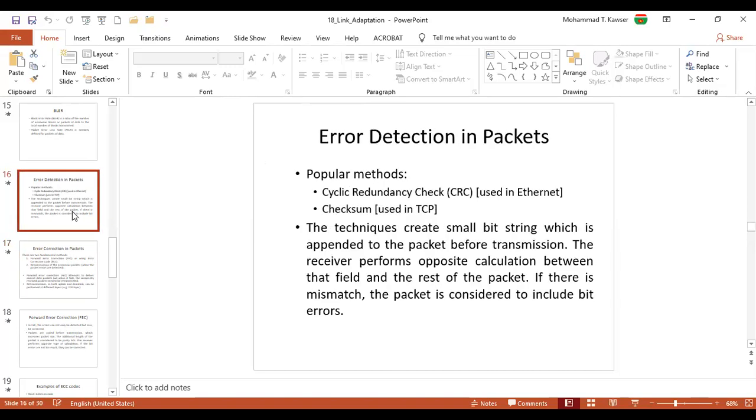So how it can help you, I'll tell you now. When a packet is found in error, the receiver can send feedback to the transmitter that this packet has not been received correctly. The transmitter will then retransmit the same packet. This means that right after the transmission, the transmitter does not discard the packet.